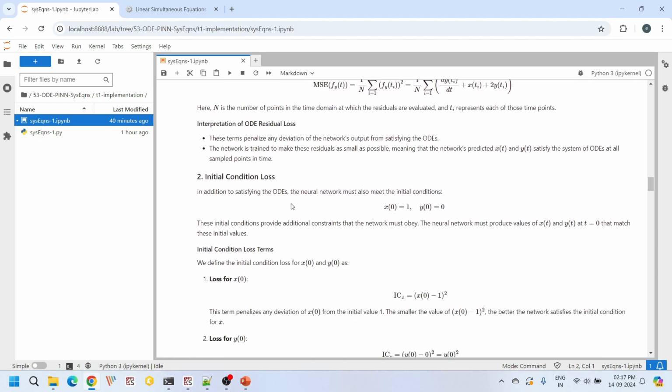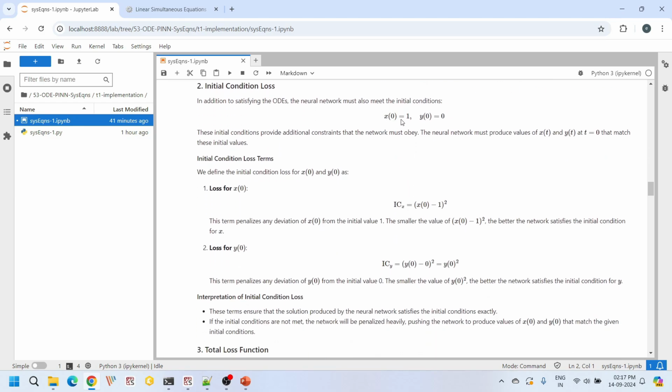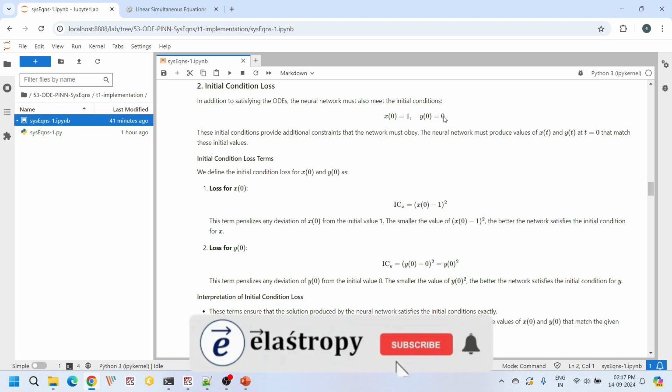And the second loss is coming from the initial condition loss. So we have two initial conditions, that is x of 0 equals 1 and y of 0 equals 0. We are calling the first initial condition loss ICX and the second initial condition loss ICY. So basically what we do is we bring this one to the left hand side and we square on both sides, and that gives the first loss term. And similarly y of 0 minus 0, so basically y of 0 equals 0.